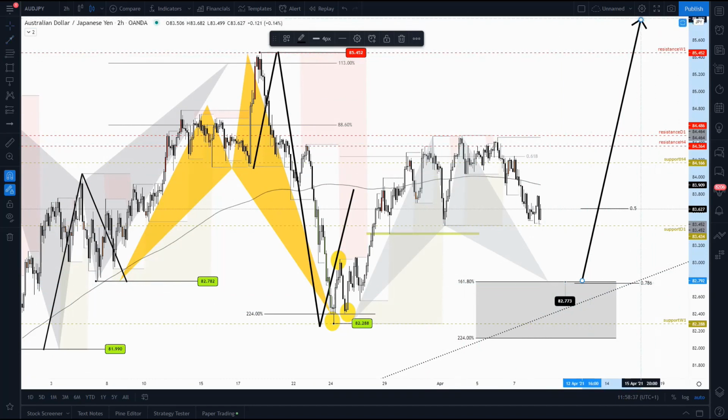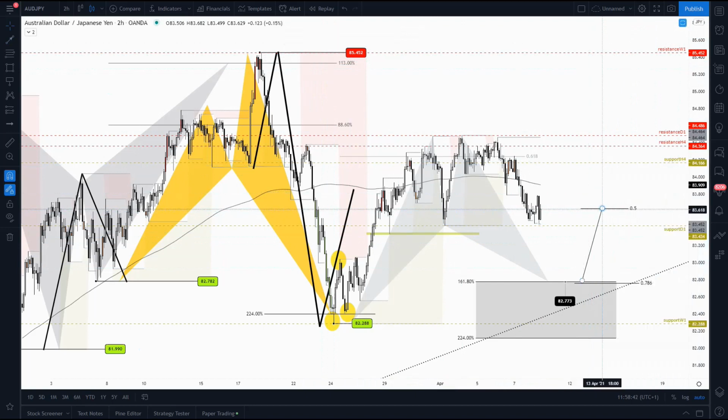We need to respect the pattern and the default target for that pattern, and that pattern will suggest nothing more than a 50% Fibonacci retracement from these highs to the completion point. So we need a retracement back to the 50% Fibonacci level, and if the pattern is formed, it will suggest that retrace, that bounce, and if that happens, that will also trigger our management strategy.